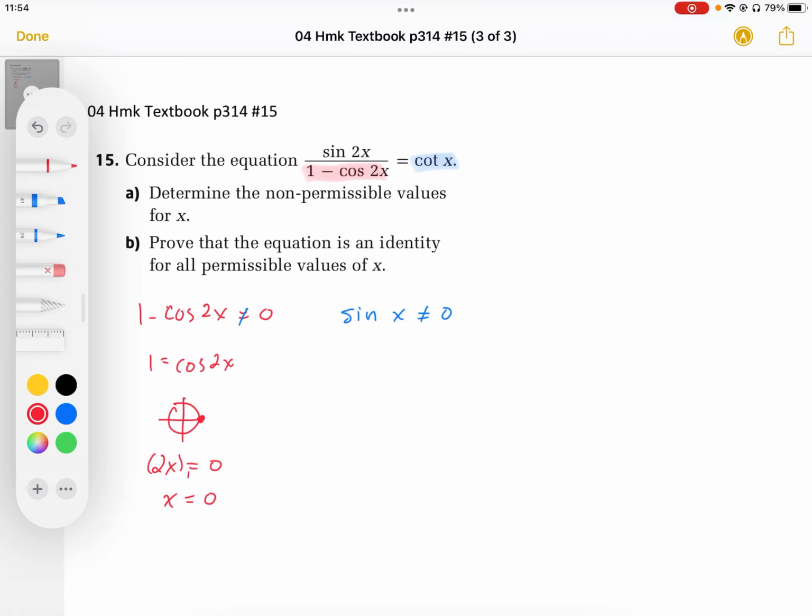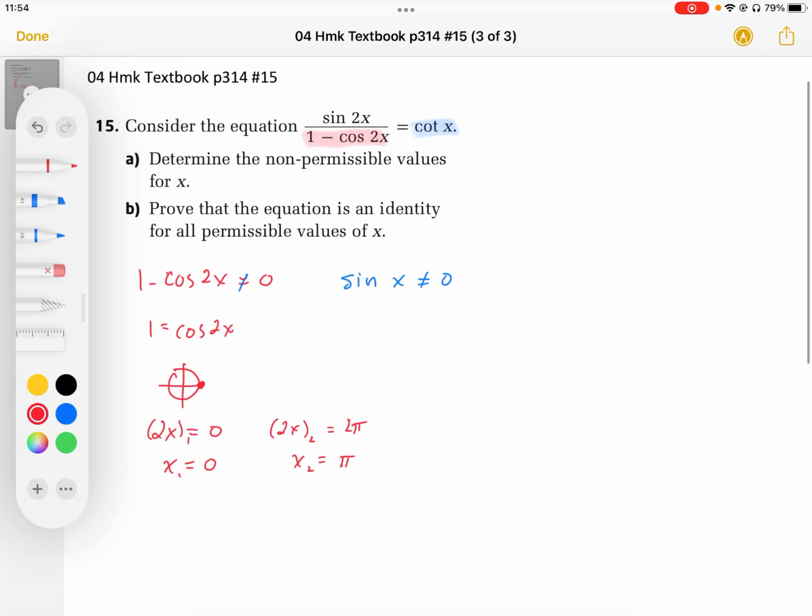Theta 1 is 0, and then 2x, theta 2, is going to be equal to 2 pi, so x is going to be equal to pi. That means I'm going to have repetitions every pi radians. We can think of it as our primary solution is at 0, and our period is 2 pi divided by 2, which is pi.